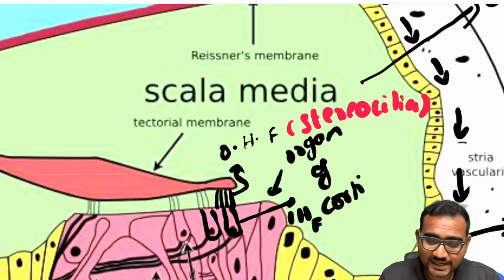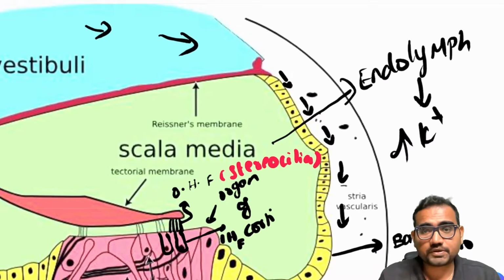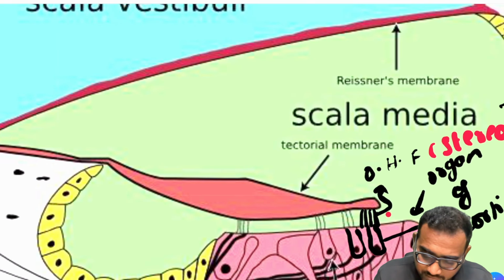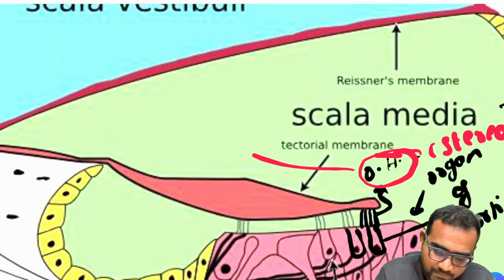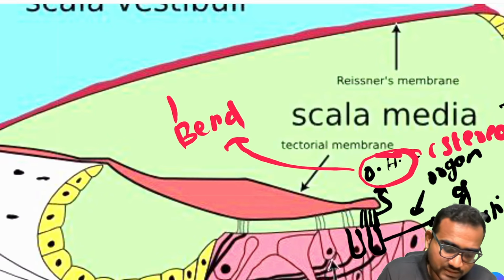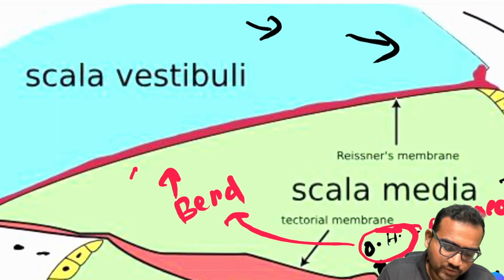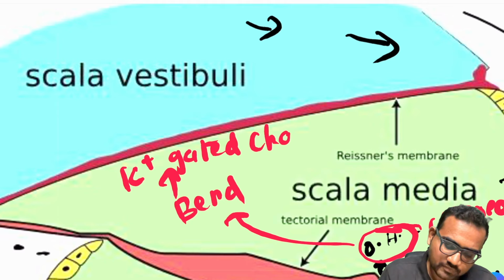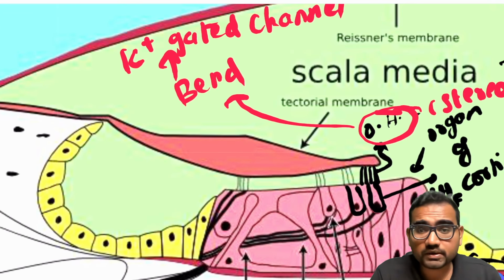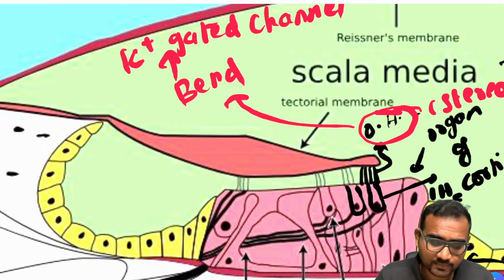As I told you, the scala media is rich in potassium. Once the outer hair cells bend, that results in opening of potassium gated channels. That results in depolarization of the hair cells, which results in release of the neurotransmitter glutamate.